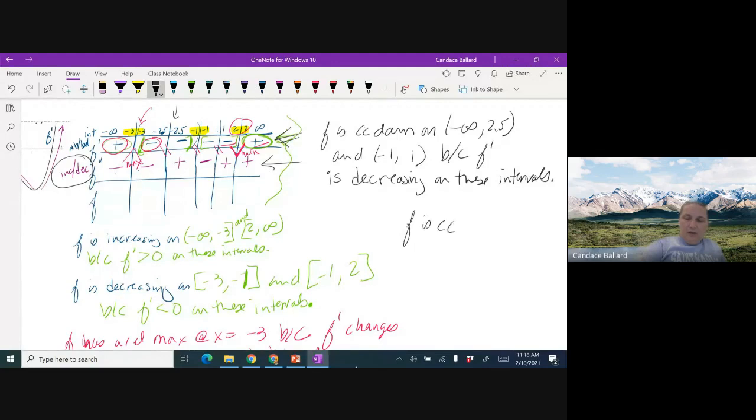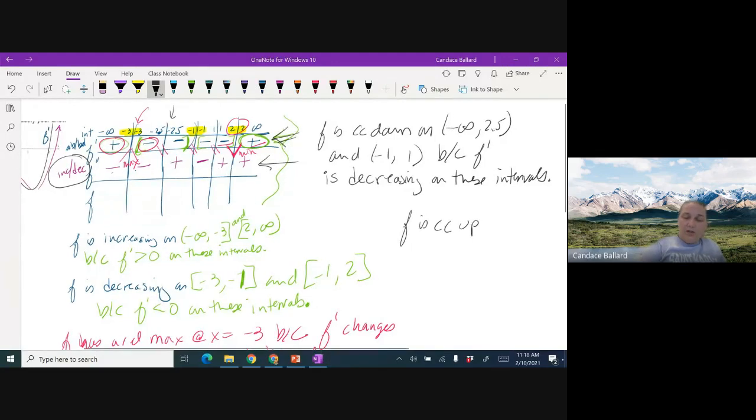F is concave up. And of course, on the actual AP test, we write out all of these words. We're working fast because we want to make sure we stick to our time frame here. All right. So I'm looking for the positive. So -2.5 to -1. And it looks like 1 to infinity. Because f prime is.